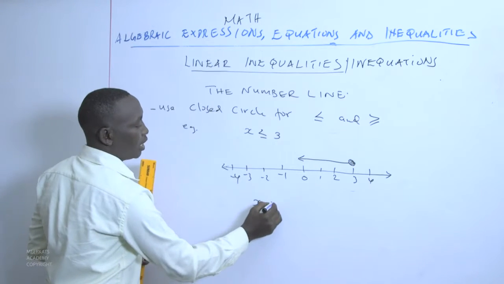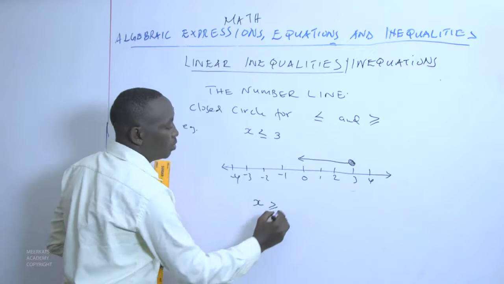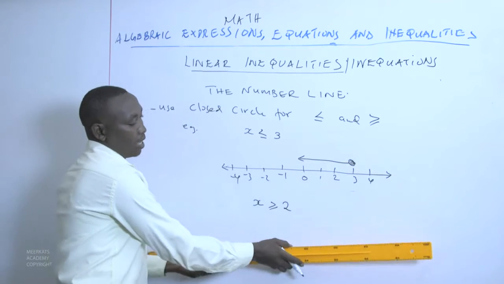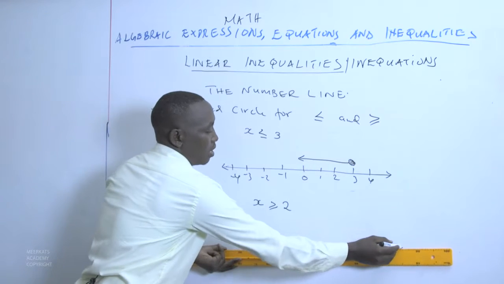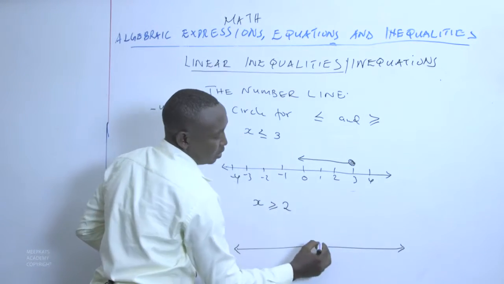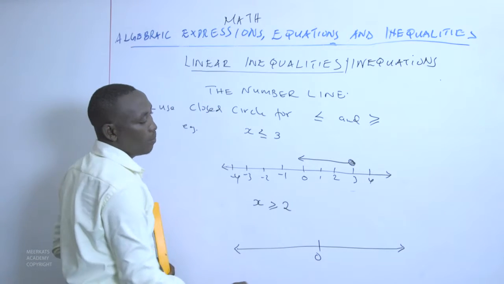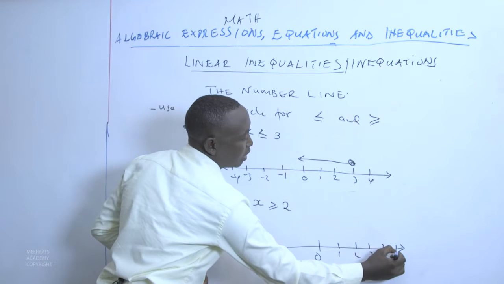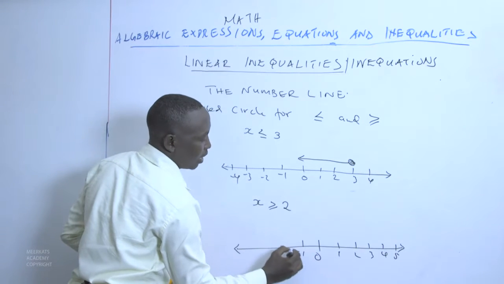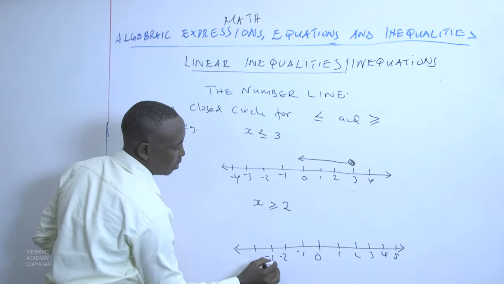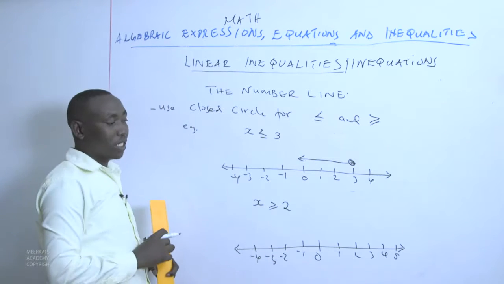If x is greater than or equal to 2, how can we represent that? Again, we draw our number line, arrows on both ends, 0 in the center, positive numbers on your right, negative numbers on your left.